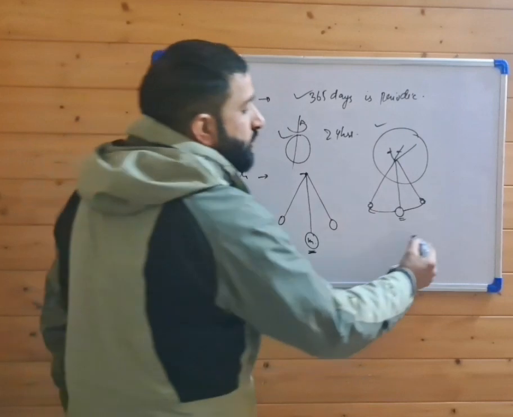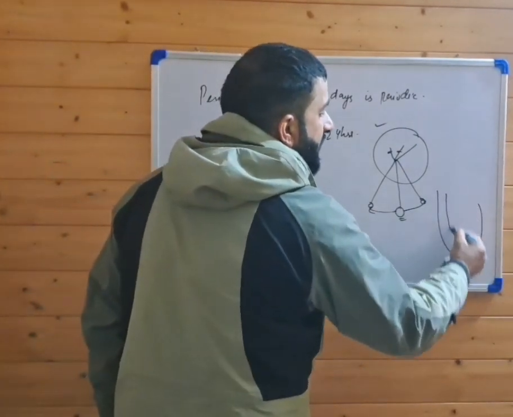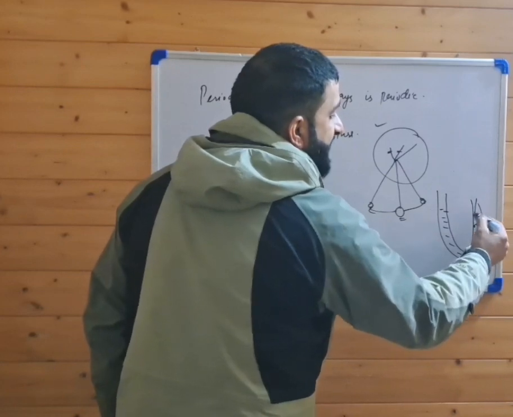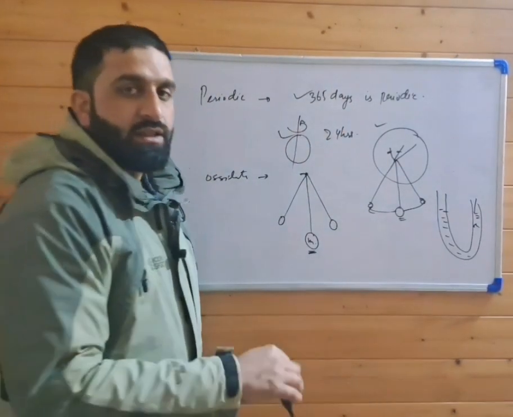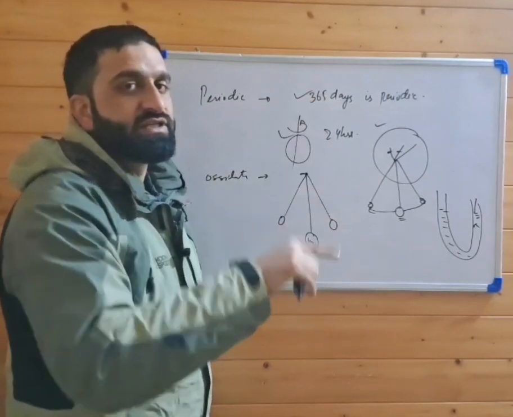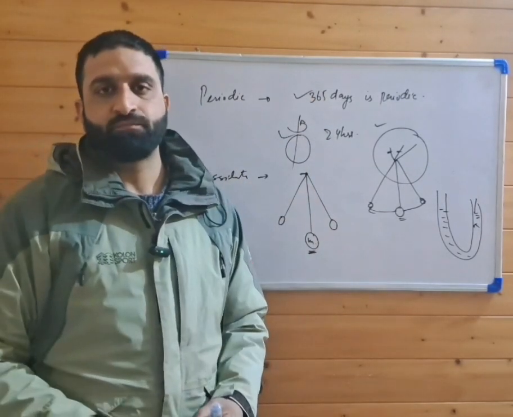If we take a U-tube filled with water, if we push one side of water down, the water goes back and forth in that U-tube and that motion is oscillatory.